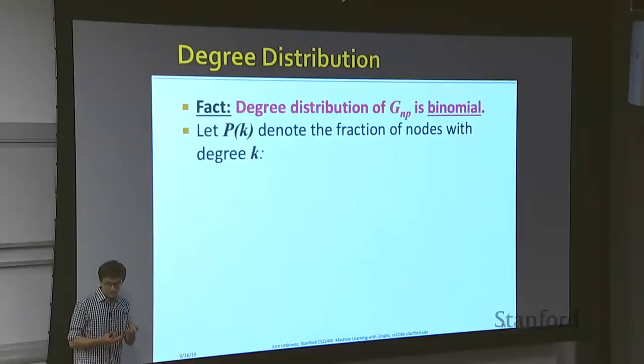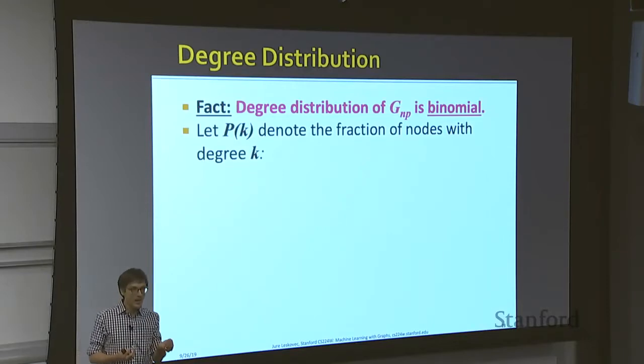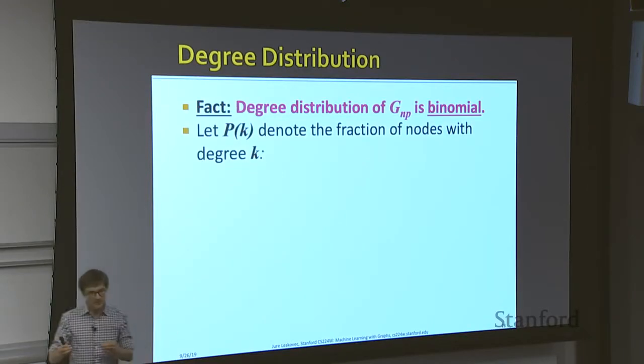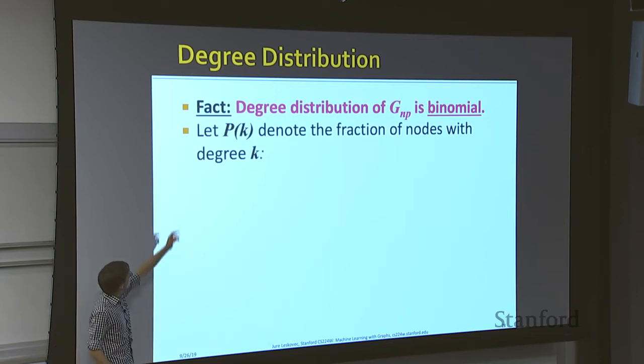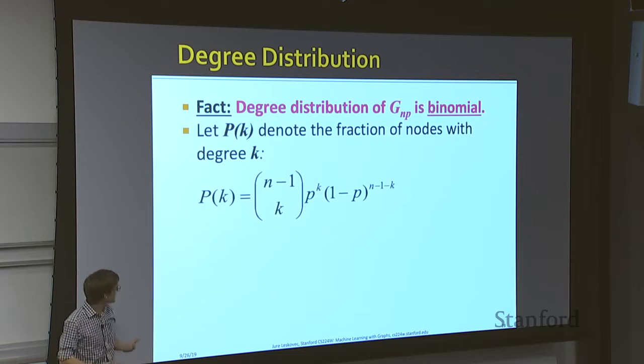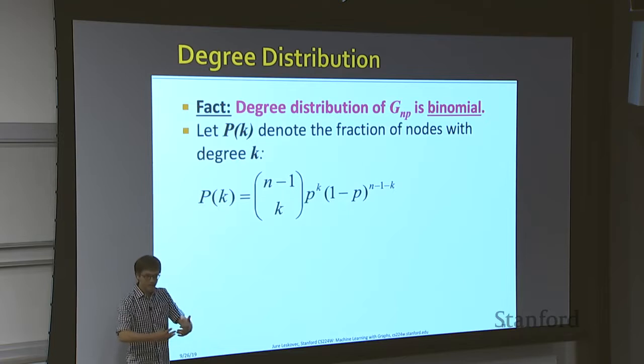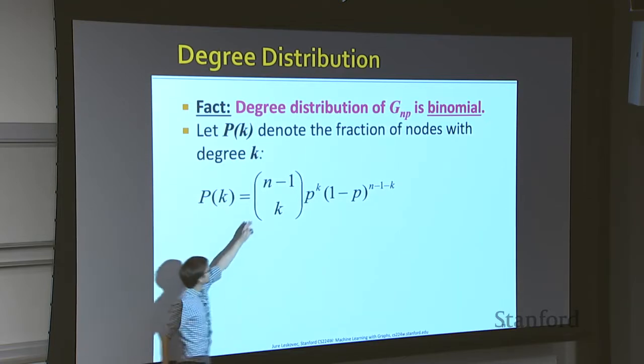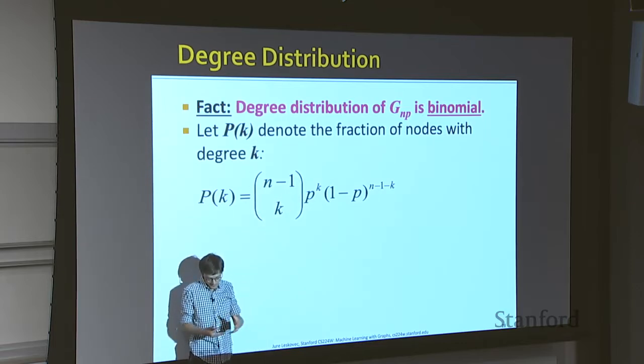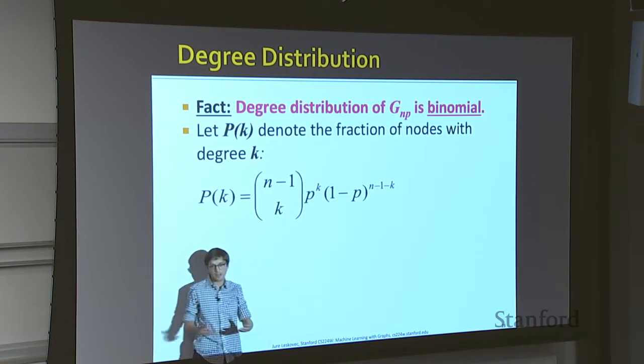So the first fact is the following. The first fact for G(n,p), so for a graph with n nodes where every pair of nodes is connected independently with probability p, is that the degree distribution is binomial. The way you figure this out, you say let P(k) denote the fraction of nodes with degree k. Then you could ask, how many nodes do I expect to have degree k? If you take a node, there are n minus 1 other nodes. And out of these n minus 1 other nodes, I have to select k of them, right?